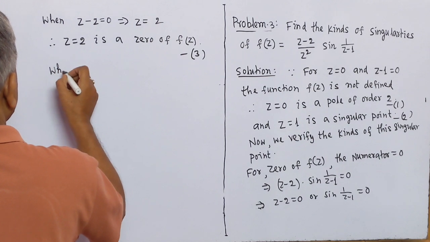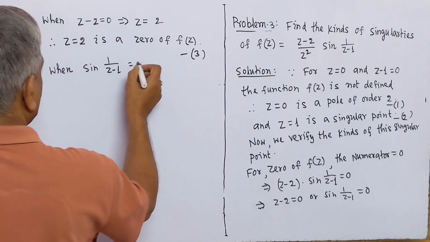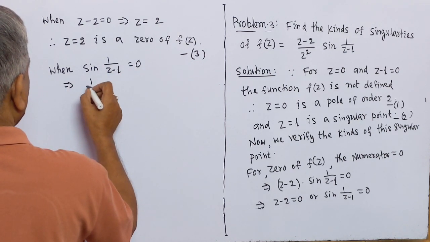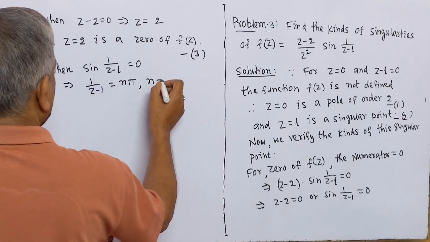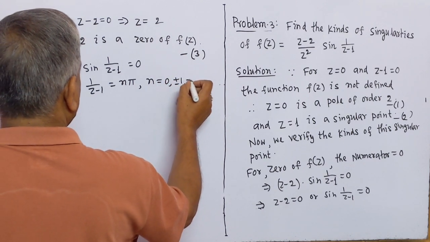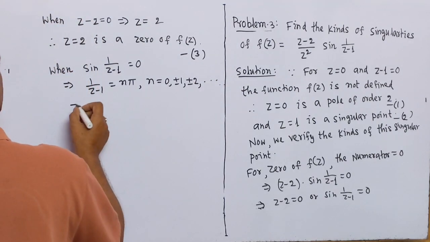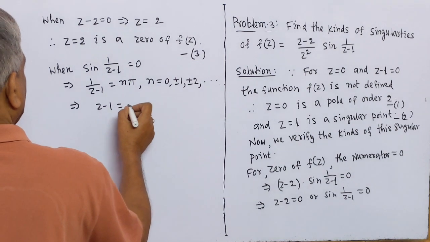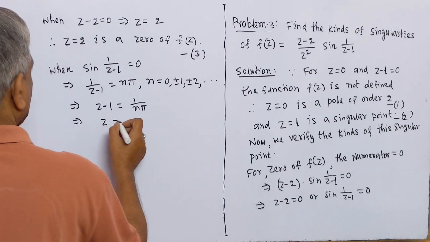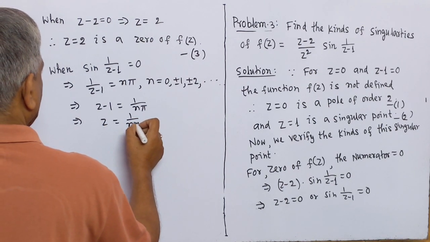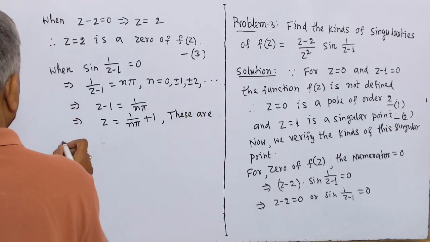When sin(1/(z - 1)) = 0, it implies that 1/(z - 1) = nπ, n = 0, ±1, ±2, and so on, which implies that z - 1 = 1/(nπ), which implies that z = 1/(nπ) + 1. These are a sequence of zeros.